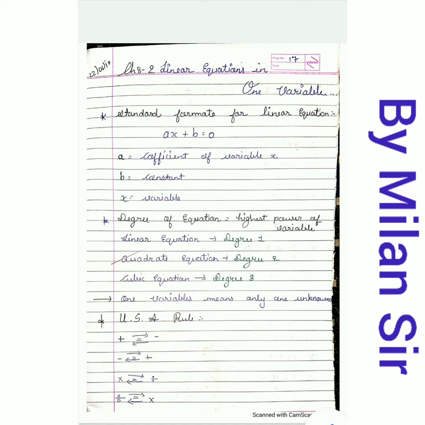Otherwise the equality changes, and equality is converted into not equal. If you only do plus 3 to the left hand side, then 5 and 2 are not equal. To continue with the equality sign, whatever you do on the left hand side, you need to do on the right hand side.